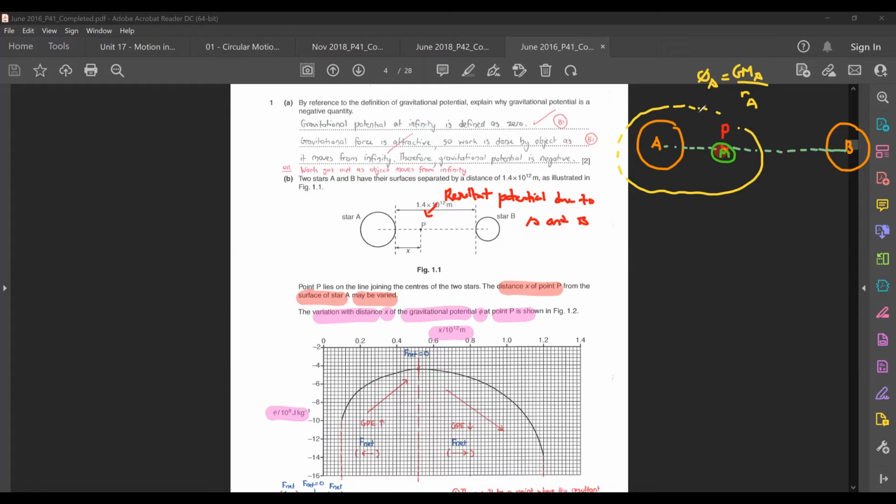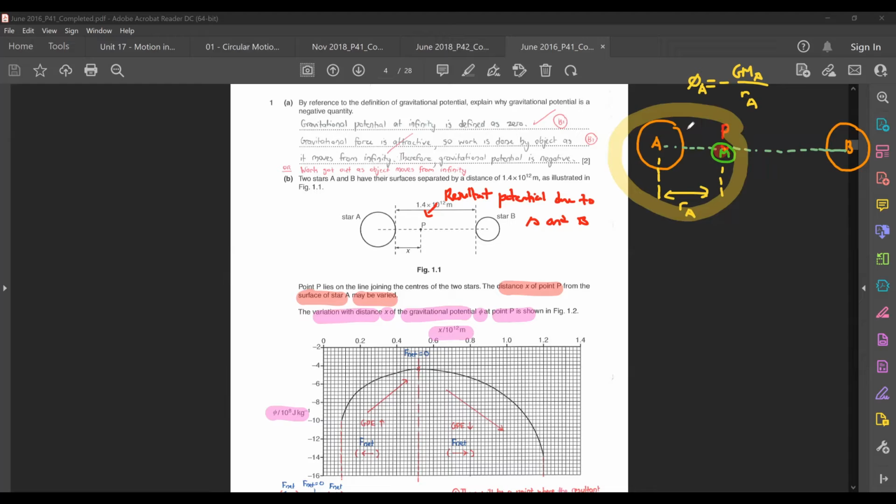So phi A equals negative GMA over RA, where in our case RA is this one, the center to center distance between the star and the test mass. Okay, so this one is if I consider this pair.